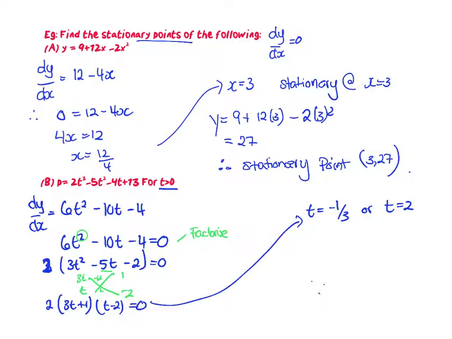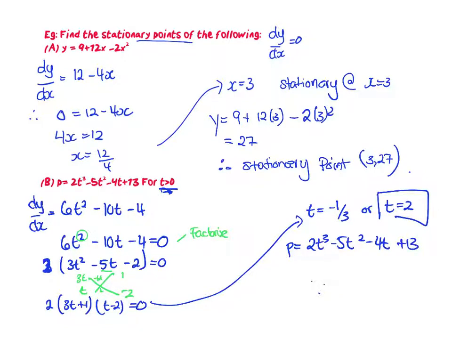But we only want this one because of what they said. They want ones that are greater than 0. So now we know t is 2, so we put it back into the original formula, which was this, to get the p value.